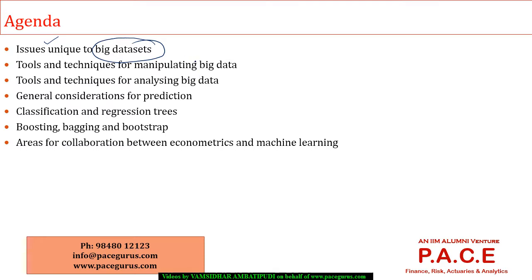Once I know that, then I'll be moving on to understand how do I manipulate it, what are the tools and techniques to manipulate the big data, to transform the big data, to extract the big data from various sources.